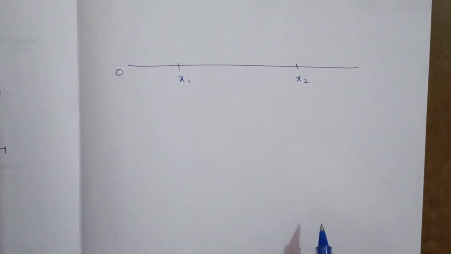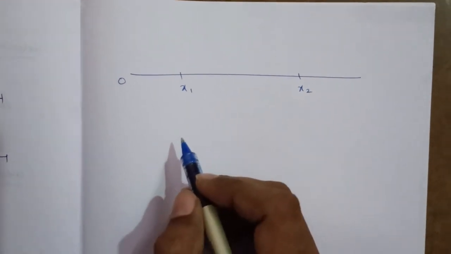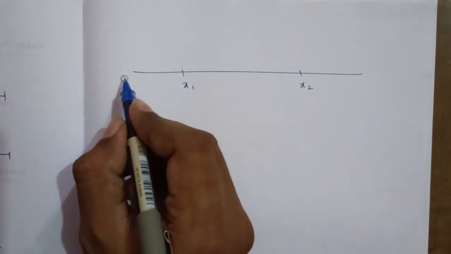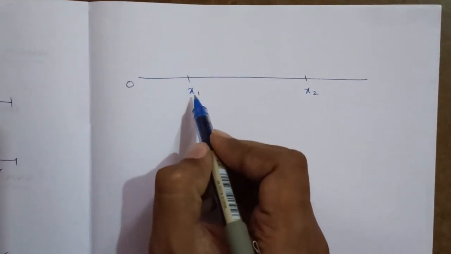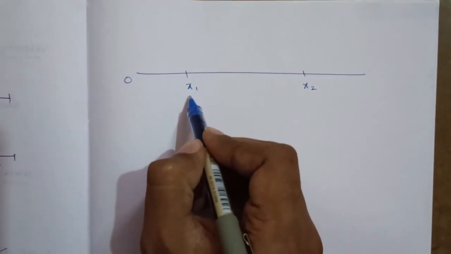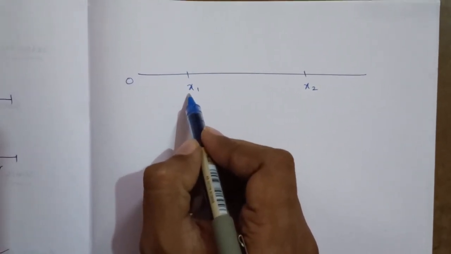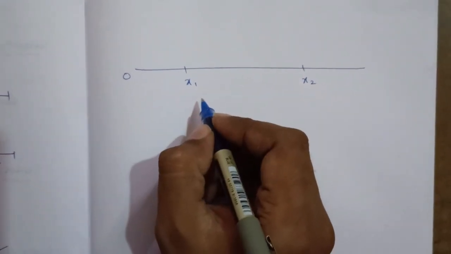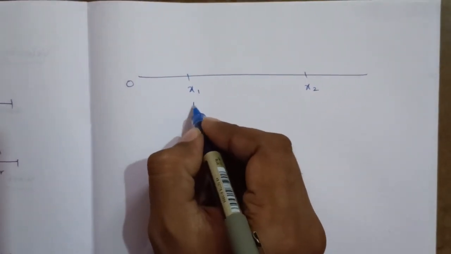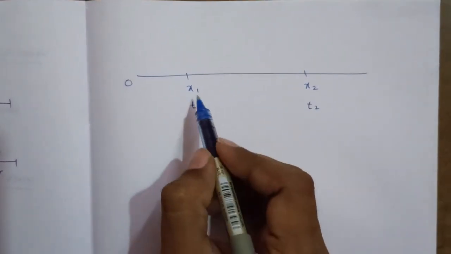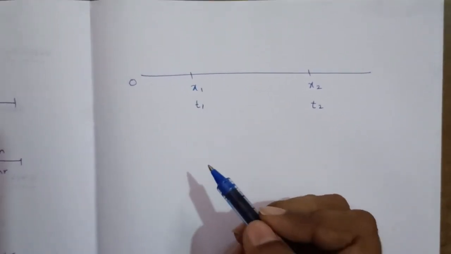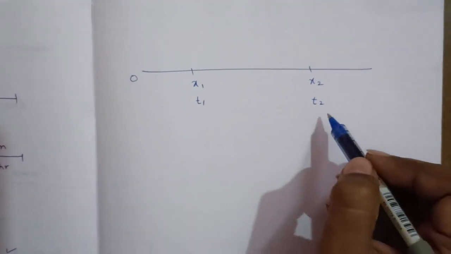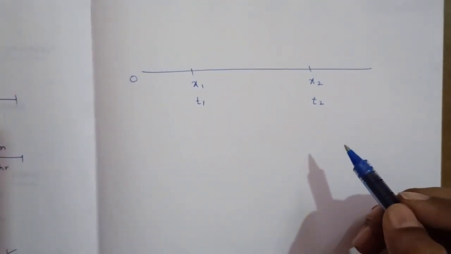This average velocity we can express in another form also. Now with respect to O, the object changes its position from x1 to x2 in a time t1 to t2. When it is at x1, time is t1. When it reaches x2, time is t2.